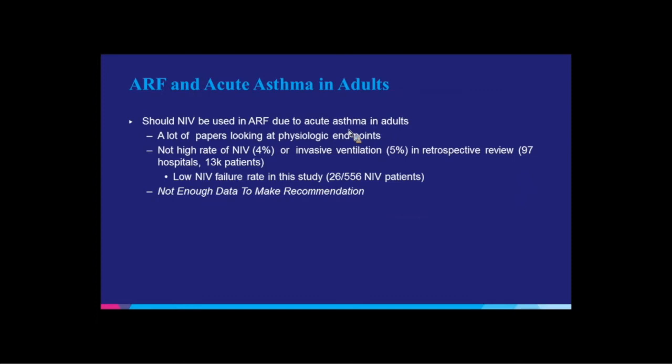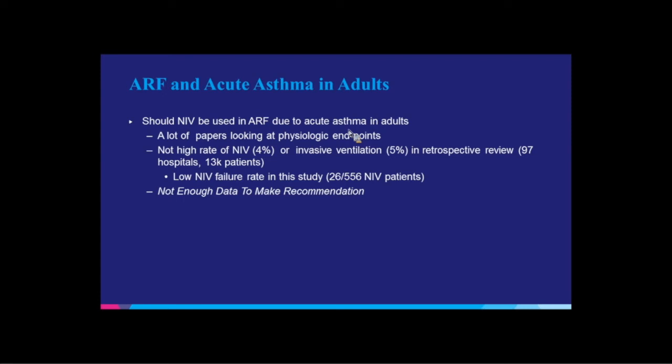Acute asthma in adults. I know that it's a little confusing who has asthma, who has COPD. There's a little confusion around this, but for those patients with childhood asthma who've now made it to adulthood, should we use non-invasive ventilation for acute respiratory failure due to acute asthma?